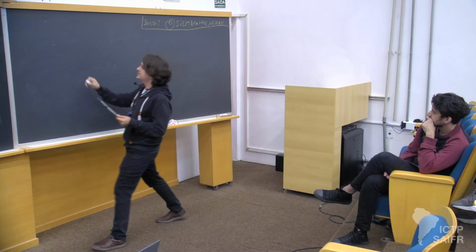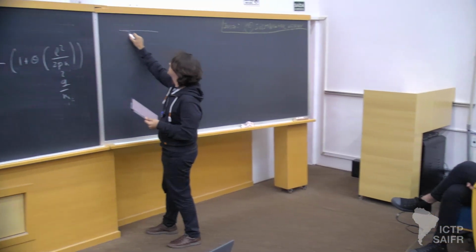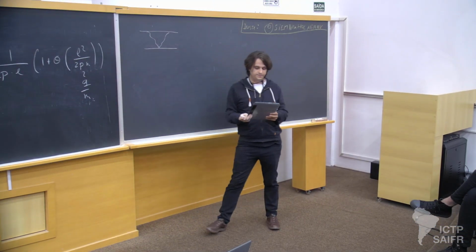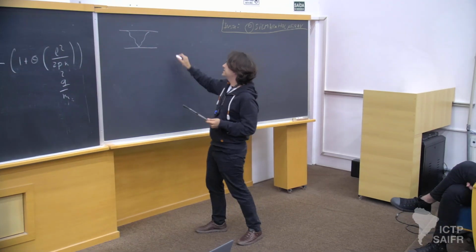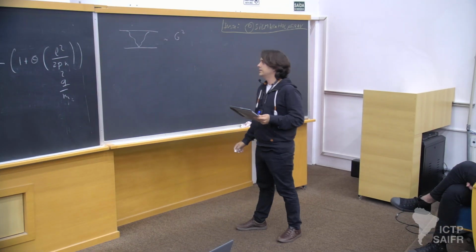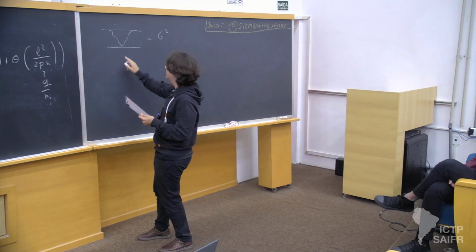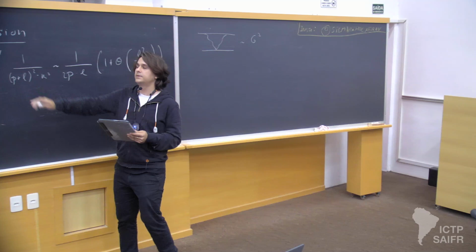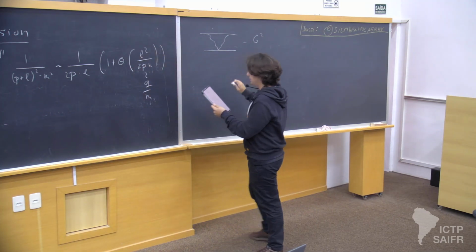So this is the example. I'm going to draw this triangle diagram first. Then we'll do the box. So this, first of all, is going to be order G squared. And then just by this power counting rule, let's count how this will go.